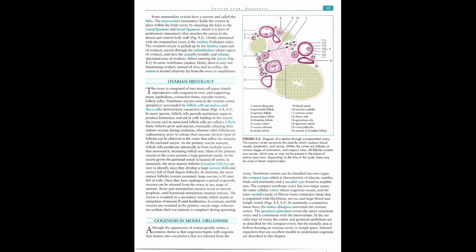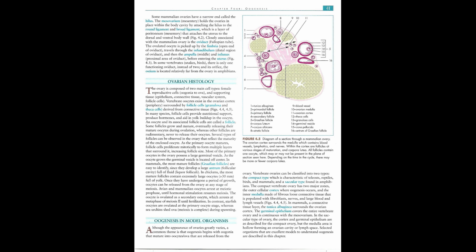Ovarian histology. The ovary is composed of two main cell types, female reproductive cells, oogonia to ova, and supporting tissue, epithelium, connective tissue, vascular system, follicle cells. Vertebrate oocytes exist in the ovarian cortex, periphery, surrounded by follicle cells, granulosa and theca cells, derived from connective tissue, Figs 4.4, 4.5.